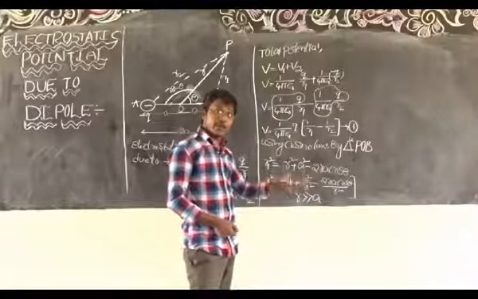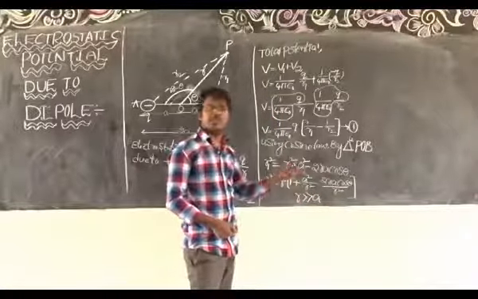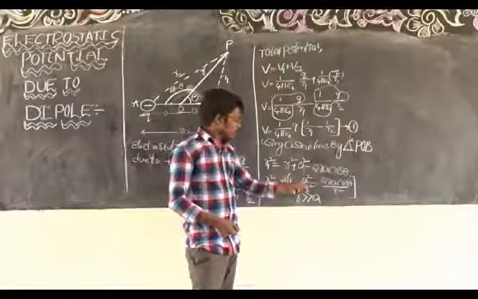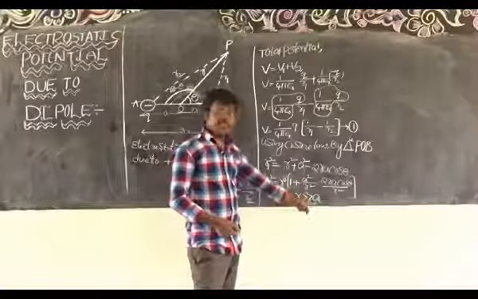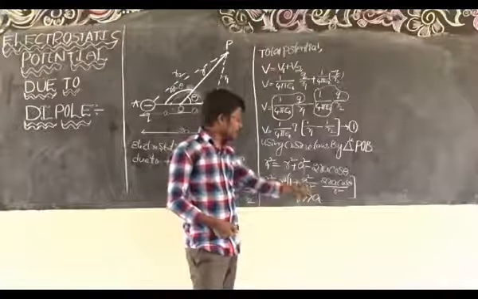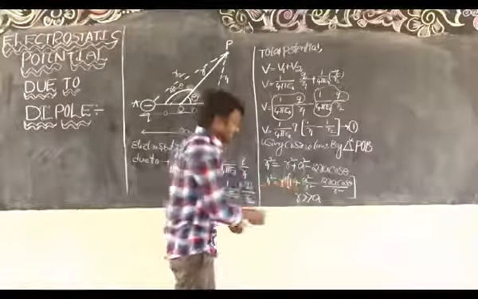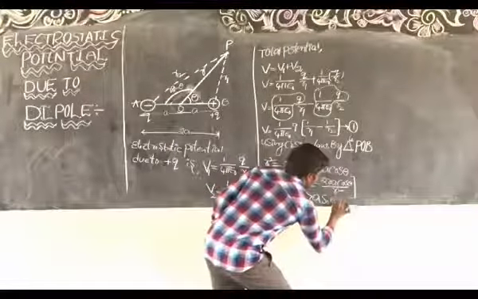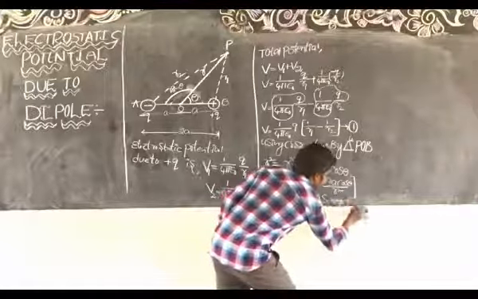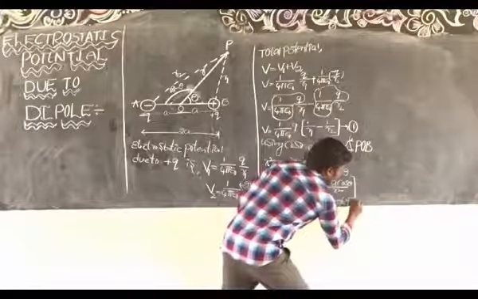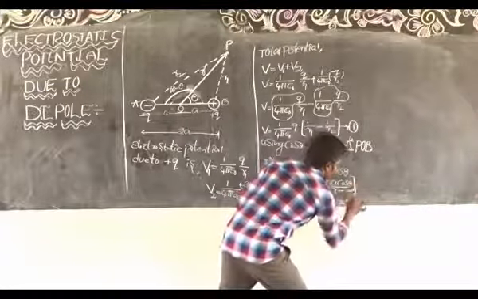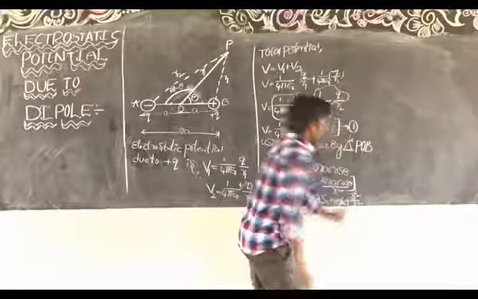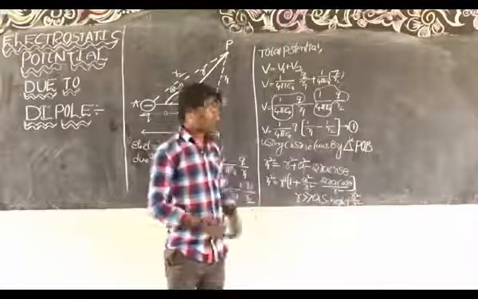Less value by more value will always become 0.00 something. So r is very much greater than a, so we can neglect the a square by r square term in this expression.